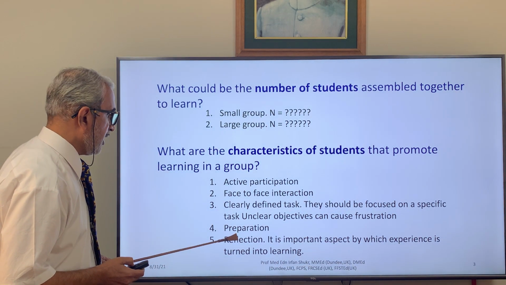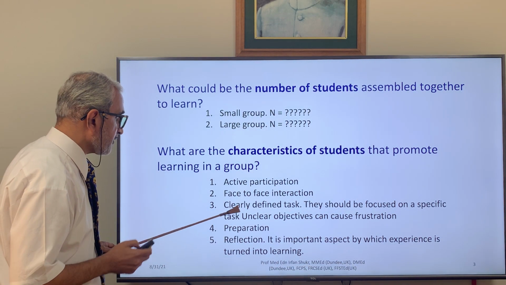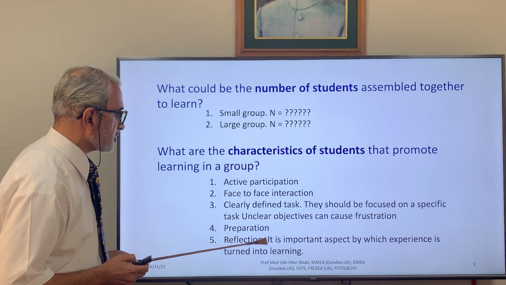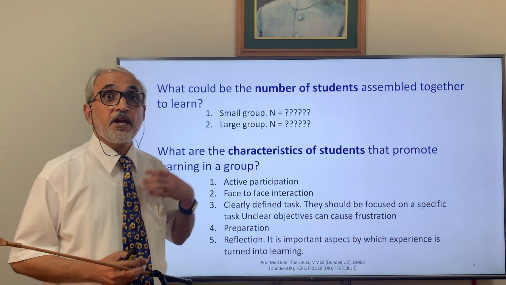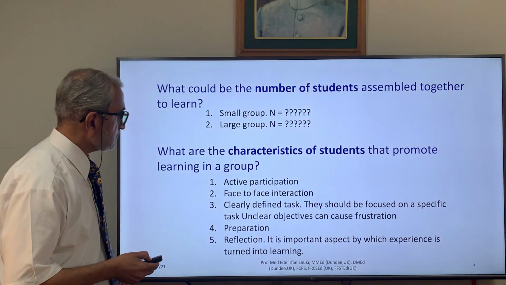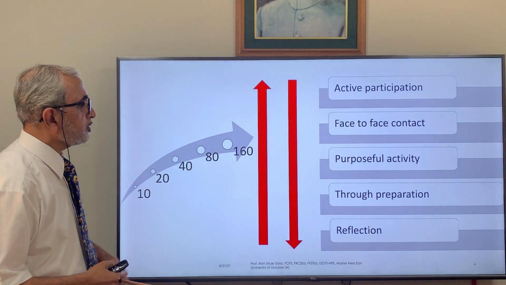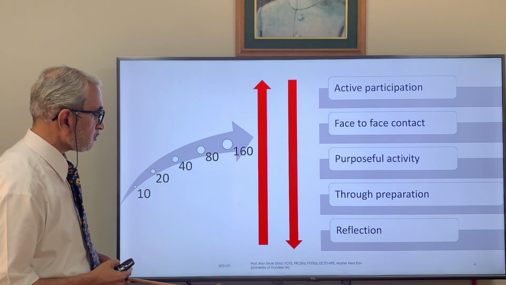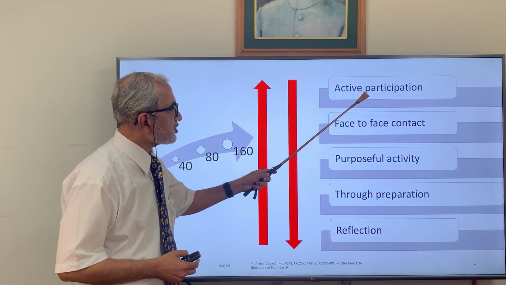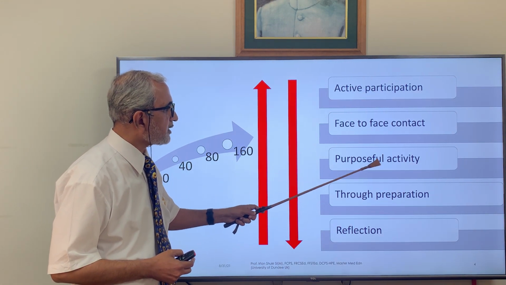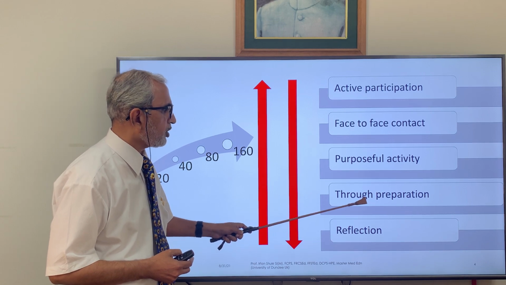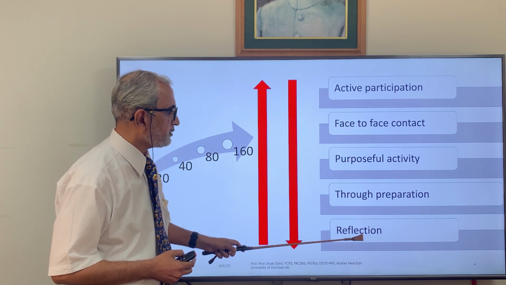Then there is preparation related to the specific task, and reflection, an important aspect by which experience is turned into learning. These are the characteristics: active participation, face-to-face contact, purposeful activity, and preparation and reflection. They may not be thorough, but there should be some preparation and reflection.